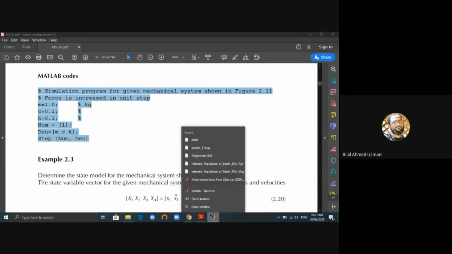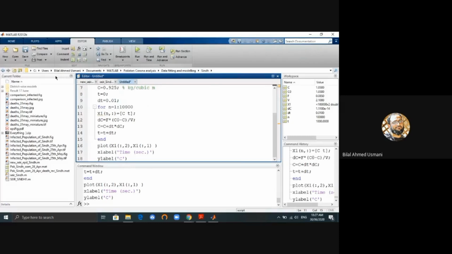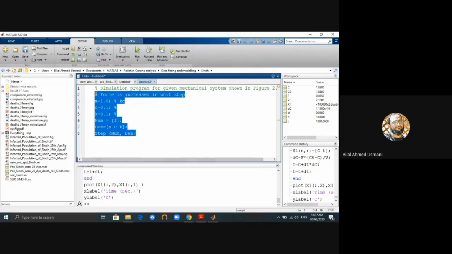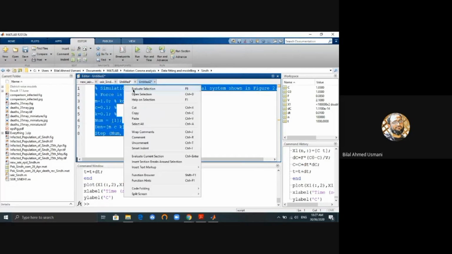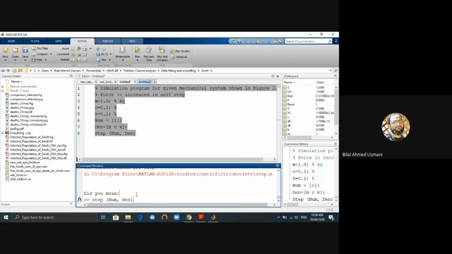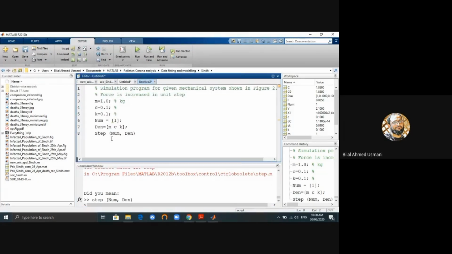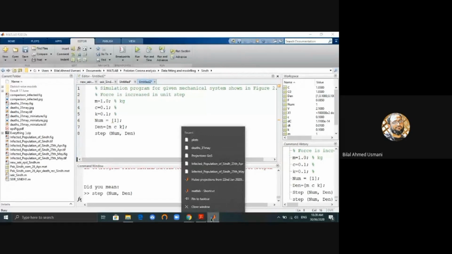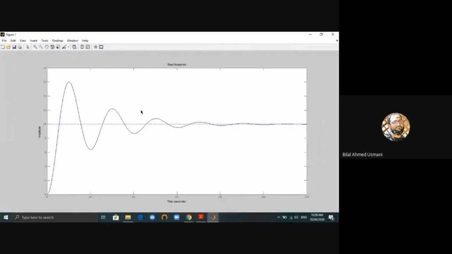So if I go to MATLAB and run it with some initial conditions, these are the step responses of our damping system.